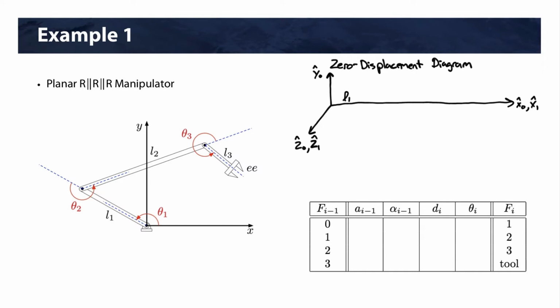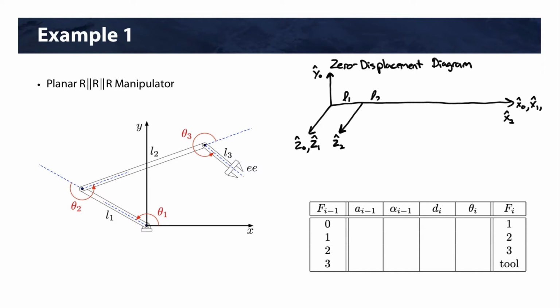Z2 is parallel to Z1, so it's going to be coming out of the page. So this is Z2. And again, in zero displacement, we will have x2 collinear with x0 and x1. Again, once theta 2 has a value, there will be an angle between x1 and x2. And we can keep going.